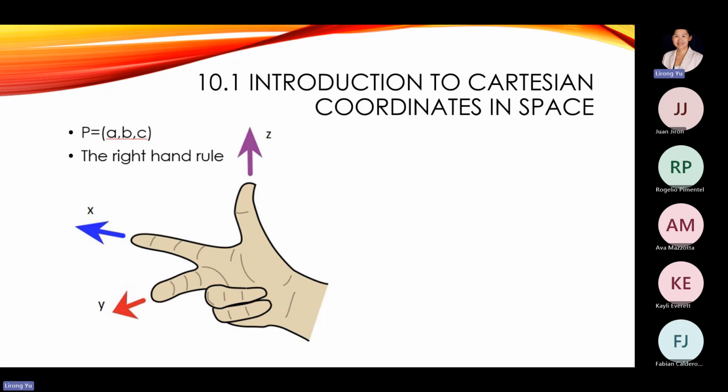A typical setup is that the x-axis and y-axis are horizontal and the z-axis is vertical, according to the right-hand rule we see in the image, or this way. So that's x, y, and z. They're supposed to be perpendicular to each other: three number lines perpendicular to each other, starting at the same origin.